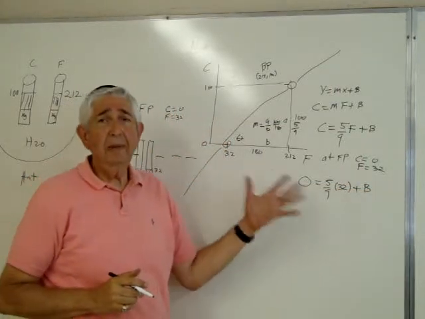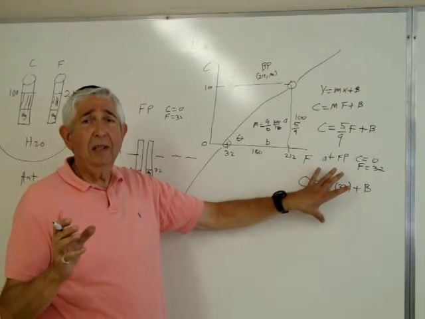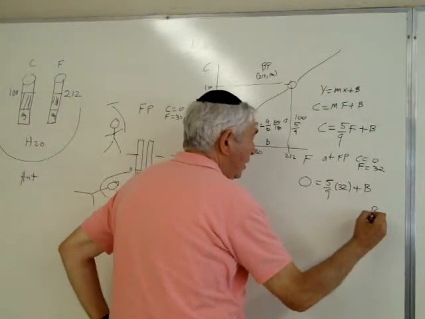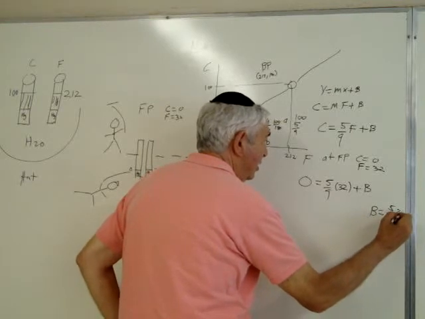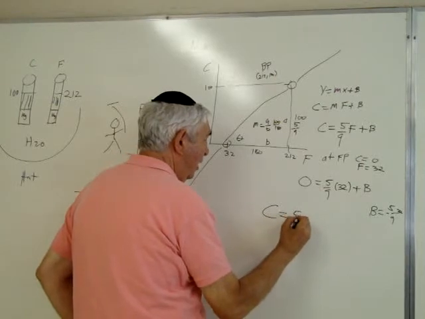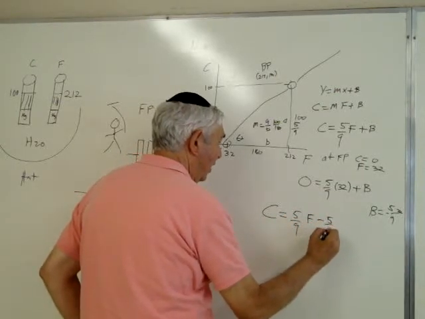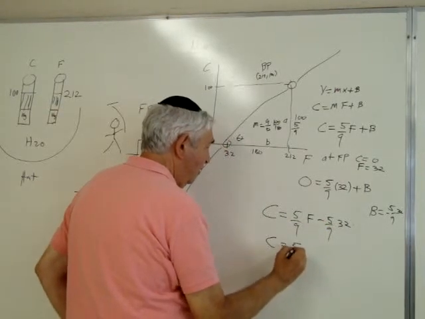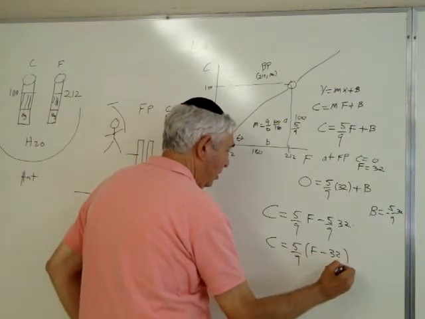All right, what's b? If you say 0 equals a plus b, b has to equal minus a. So b is minus 5/9 times 32. And the equation becomes Celsius equals 5/9 F minus 5/9 times 32, where Celsius equals 5 over 9 times (F minus 32).